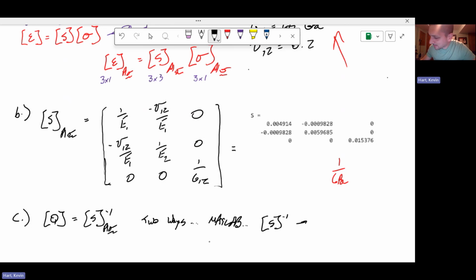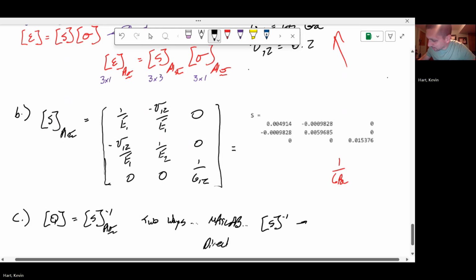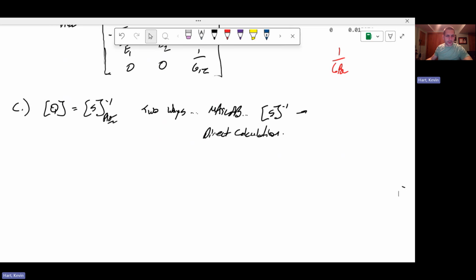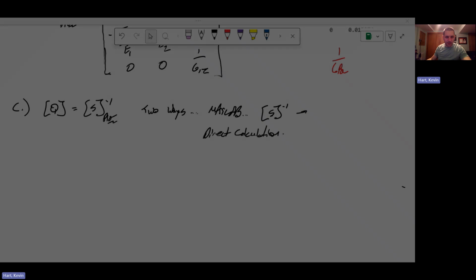The second way is calculate Q directly. If you want to do direct calculation, you can do it in the following way. This is from your equation sheet. I'm just going to copy and paste this information.